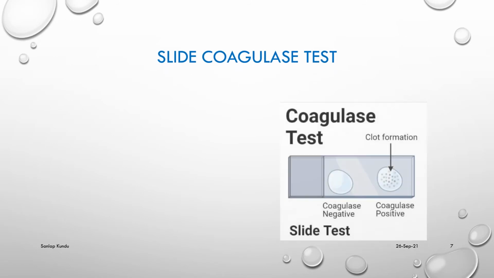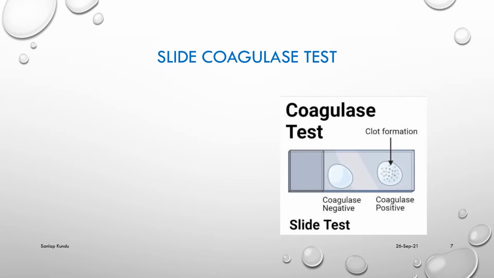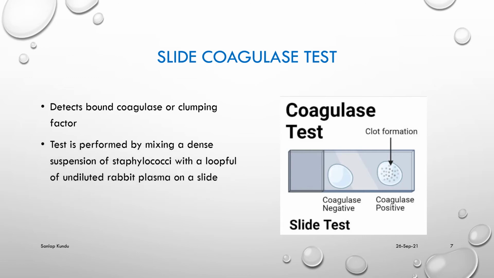Let's talk about the second process of doing the Coagulase test, that is the slide Coagulase test. As the name suggests, the test is done on a slide. It detects bound coagulase or clumping factor. The test is performed by mixing a dense suspension of Staphylococci with a loopful of undiluted rabbit plasma on a slide.